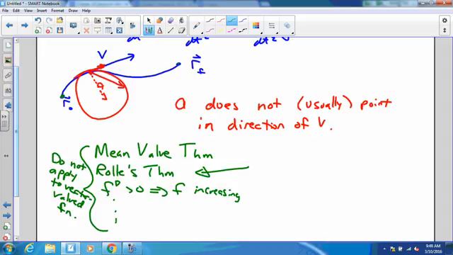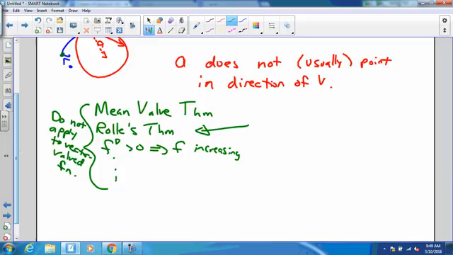For a vector valued function, there is no such thing as a maximum or minimum value, because I'm working in 2 dimensions. What would it mean to say that this point is greater than that point? Well, in the x sense or in the y sense, or what? So there is no self-consistent way to compare points, and because of that, all of the theorems that dealt with increasing and decreasing are no longer of interest.